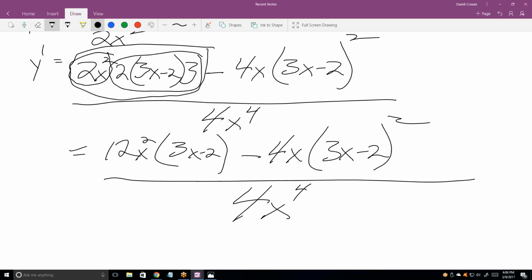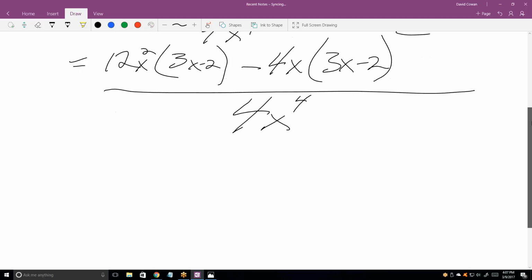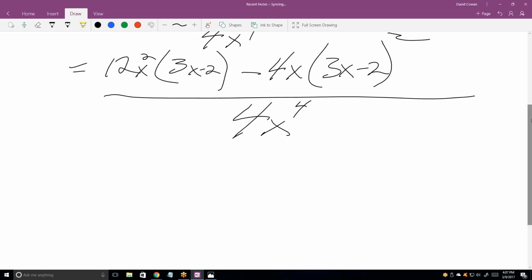Well, can I do anything with the numbers? The 12, the minus 4, and the 4? I think you can factor out 4x. Yeah, you're right. I can divide every term in the numerator by 4x, and I can divide every term in the denominator by 4x. Okay?